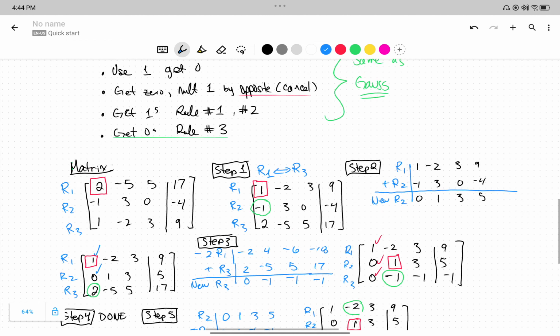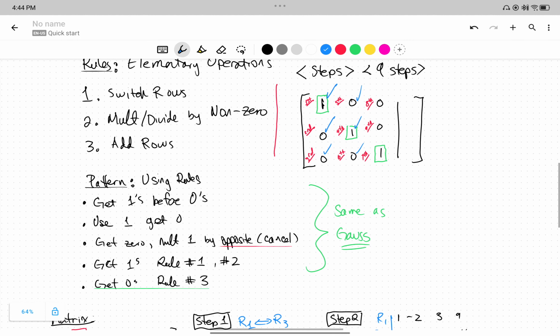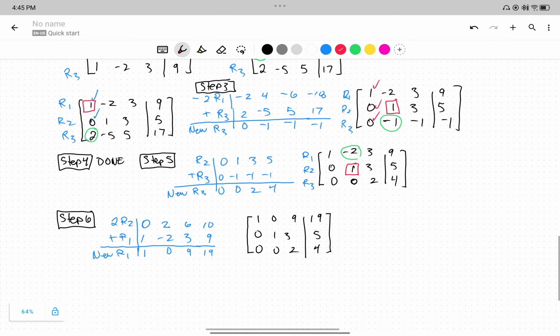If you notice, progress check. Now we need a 1, then the 0, and the 0. Starting off with the 1. So starting off, this guy needs to be a 1. Row 1, row 2, row 3.